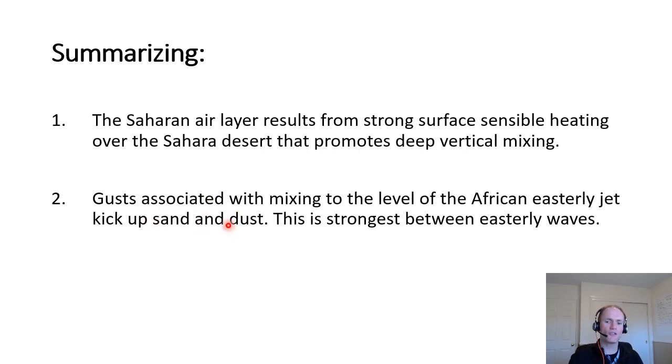We said that that is strongest between easterly waves because, again, the easterly waves grow at the expense of the jet. They weaken the jet to make themselves stronger. So the jet is stronger between waves, and thus the gusts associated with the jet that reach down to the surface are also stronger. The heating is also stronger behind waves as well because you don't have the cloud cover and precipitation associated with the waves to be able to block the strong heating of the Sahara Desert.